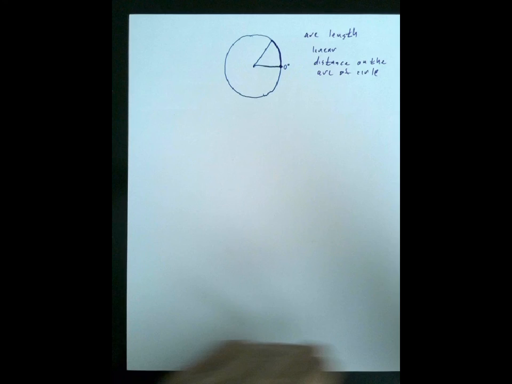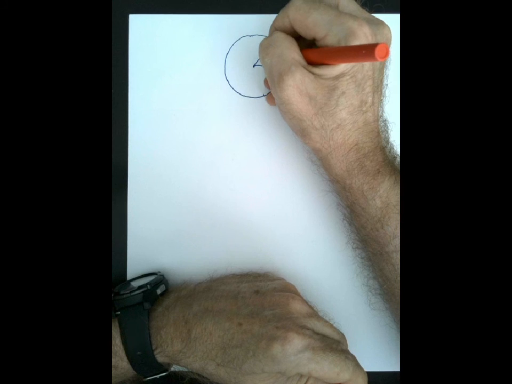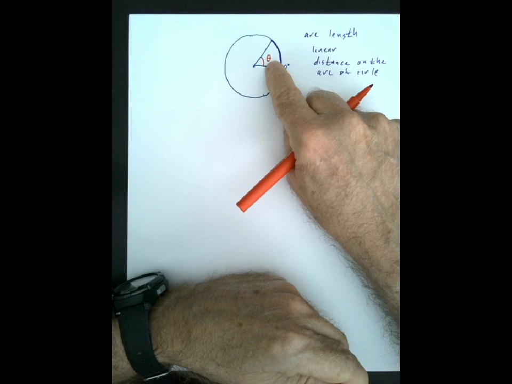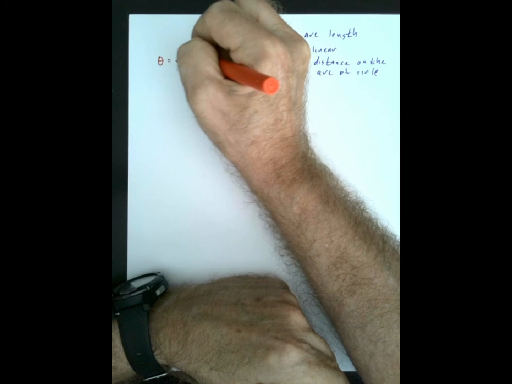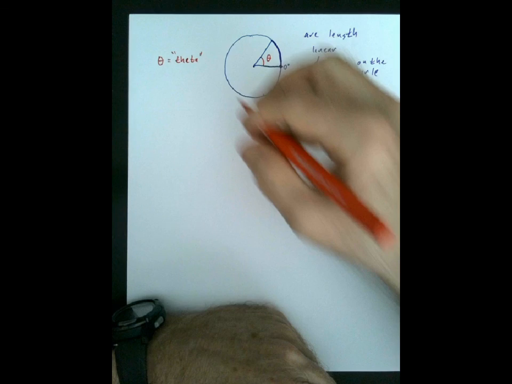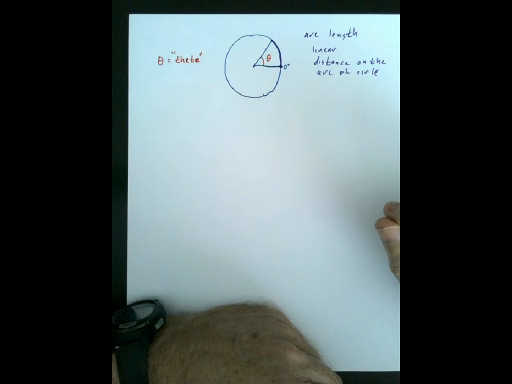What you're going to need to know to calculate an arc length is the angle, which I'm going to label with that little funny symbol that looks like a circle with a slash through the middle of it. That is the Greek letter theta. We could use X or Z or A or any other letter for the variable, but by convention in trig applications, angle measures are often designated using the Greek letter theta.